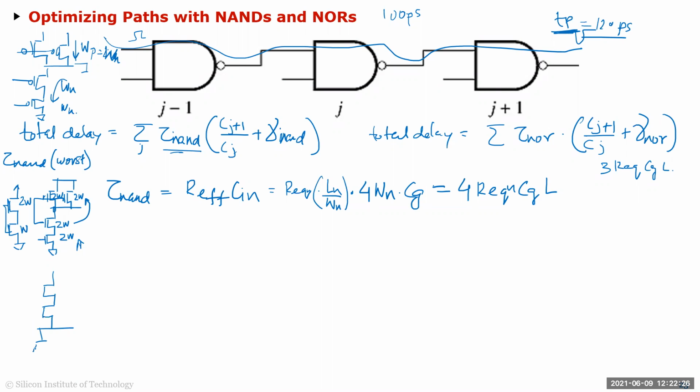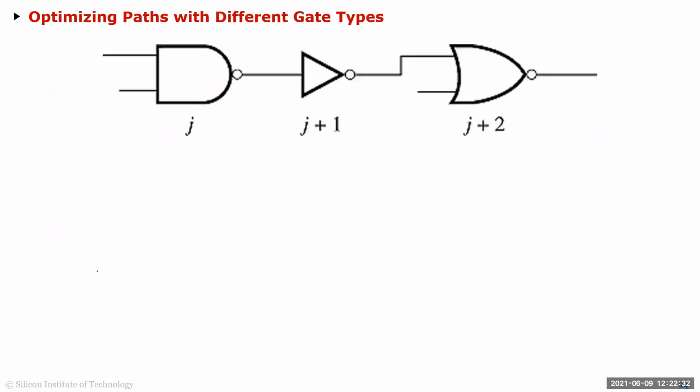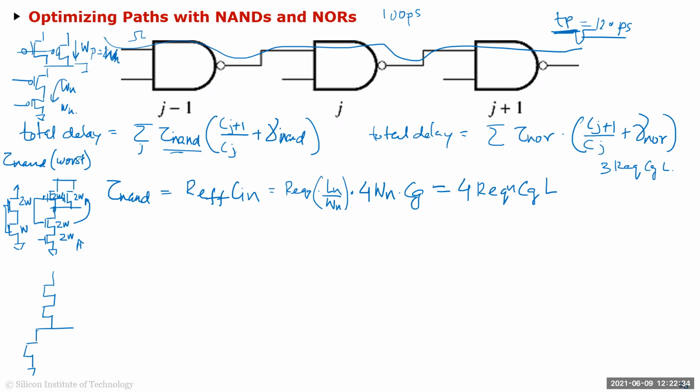For NOR gate, you're going to get, sorry, so W, so these are your PMOSes, right? And this is, let's say, A, and this is connected.